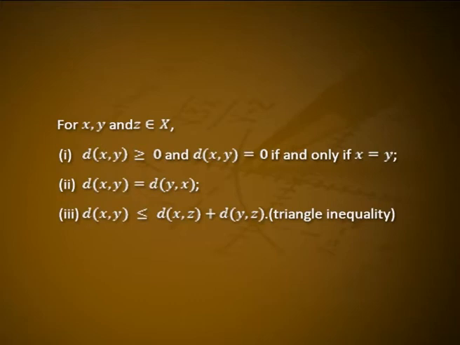For x, y and z belonging to X, d of x, y is greater than or equal to 0 and d of x, y is equal to 0 if and only if x equals y. d of x, y is equal to d of y, x, and d of x, y is less than or equal to d of x, z plus d of y, z, that is the triangle inequality. Then the pair (X, d) is called a metric space and d is called the distance function or metric.